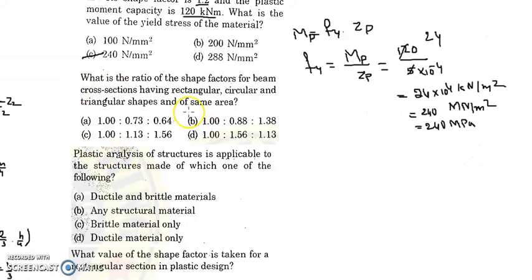Look at this answer we have seen. What is the ratio of shape factor for a beam's cross section having rectangular, circular and triangle shapes of the same area? This is actually based on, whatever may be the area, I know the shape factor S for rectangle is 1.5.